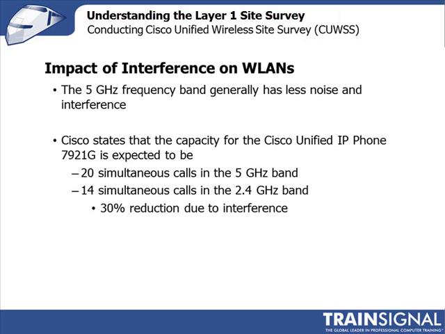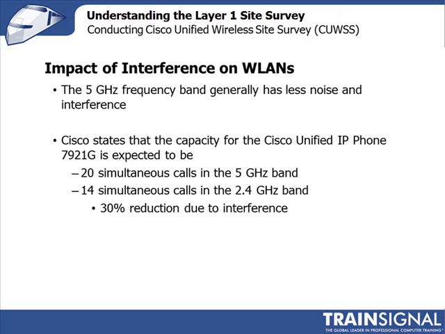And so when we're looking at planning out a voice wireless LAN, Cisco actually recommends that you are able to support 20 simultaneous voice calls if you're deploying the access point in the 5 GHz band, compared with just 14 if you're deploying it in the 2.4 GHz band.